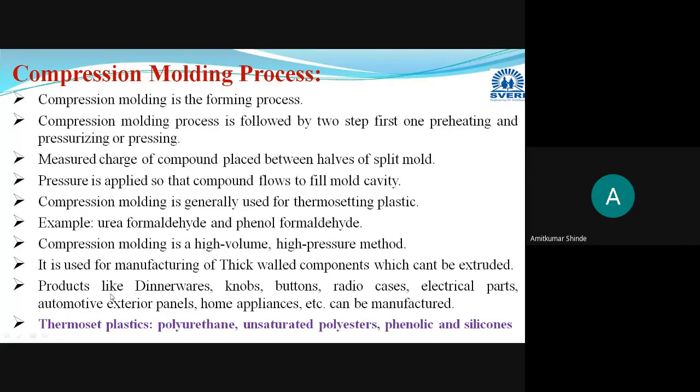The applications are dinnerware sets, knobs, buttons, radio cases, electrical parts like plugs and boards, automotive exterior panels, and some home appliances which we use for domestic purposes, which can be manufactured with the help of this compression molding process.